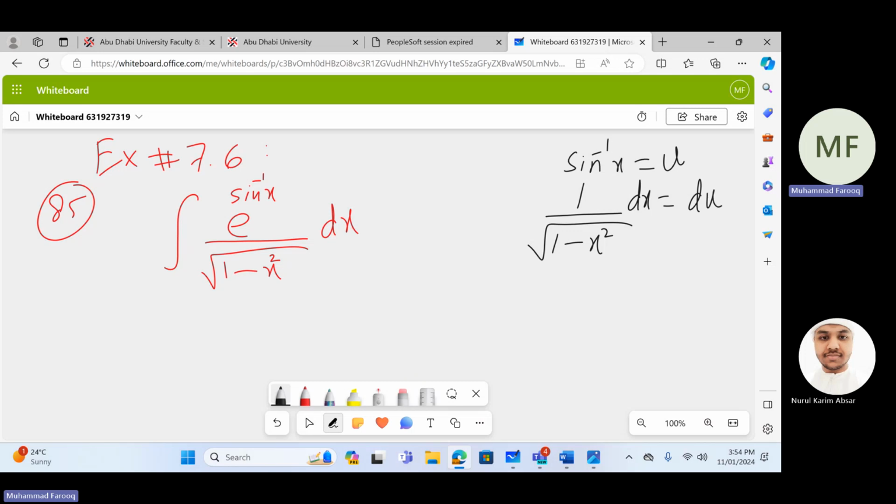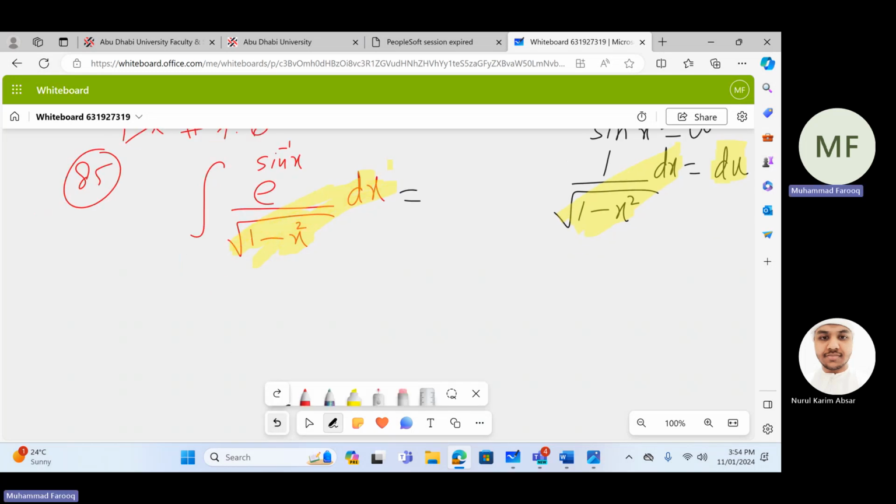And the differential du. Now you can see, check please, do you have this stuff in your question? Yes, this is my requirement. This is the stuff I have here. So dx over the square root of 1 minus x squared is simply du. So now this is the integral of e to the u du.